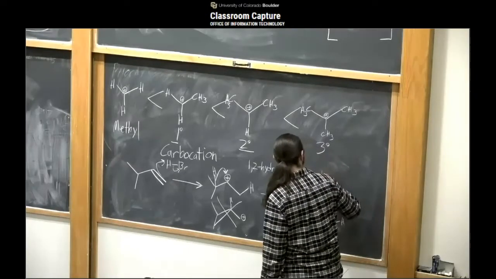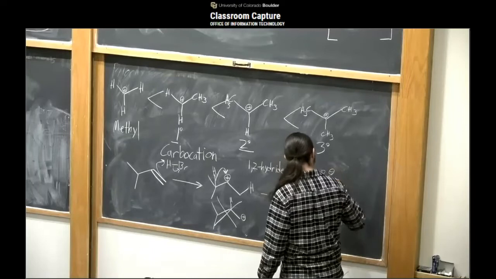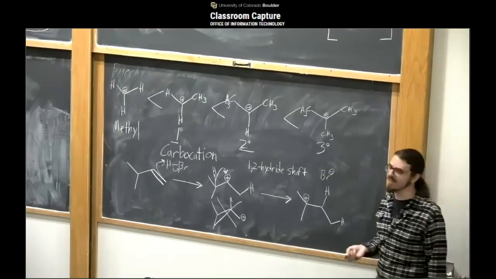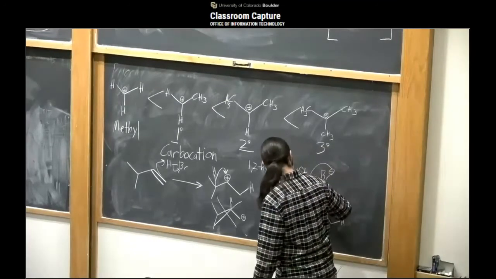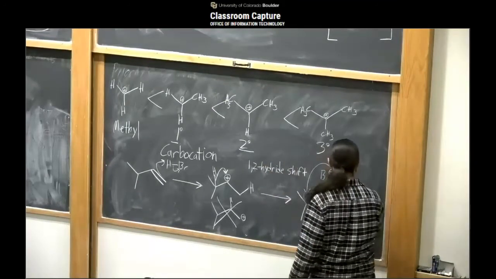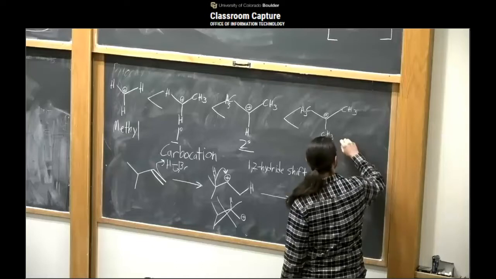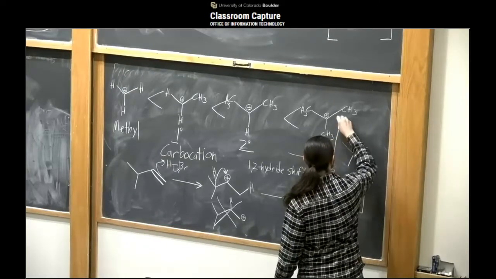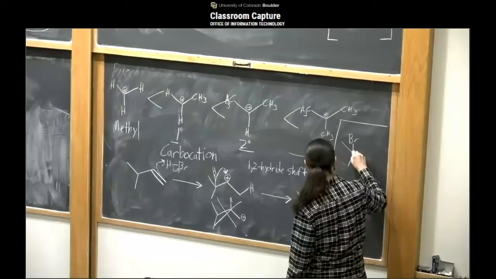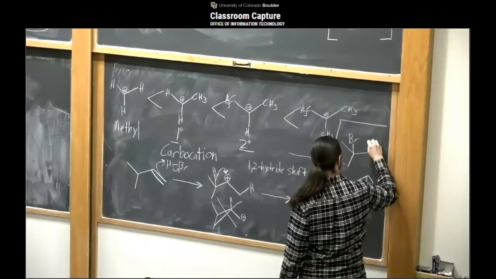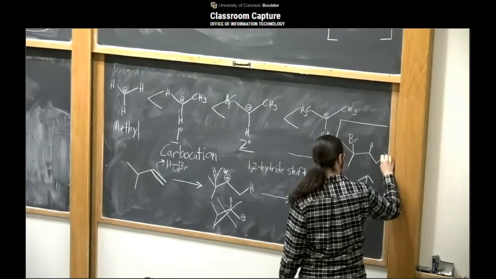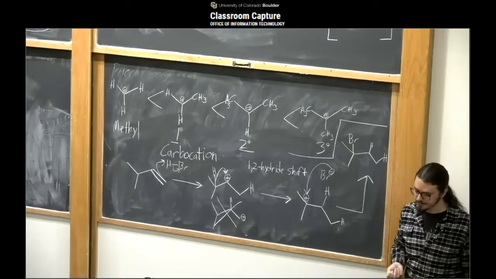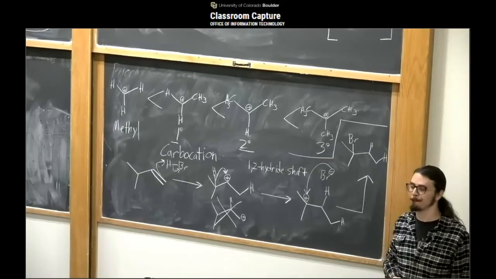And then at this point in the reaction, the bromide ion is going to attack the carbocation to give us this as the major product. Any questions so far?